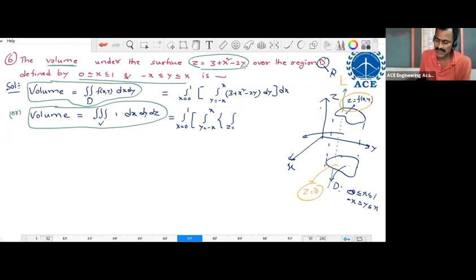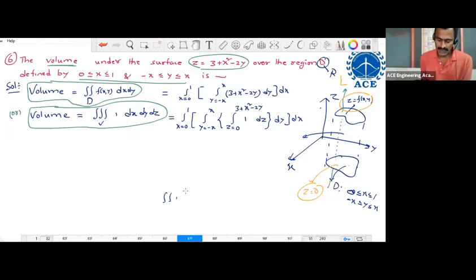So here Z limits are 0 to 3 plus x square minus 2y. The function is 1, dz, dy, and then dx. Like this, we write the limits.